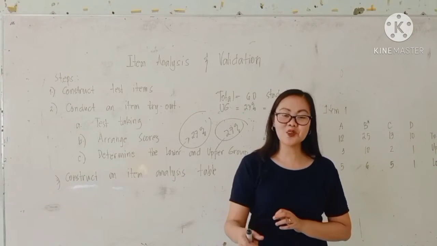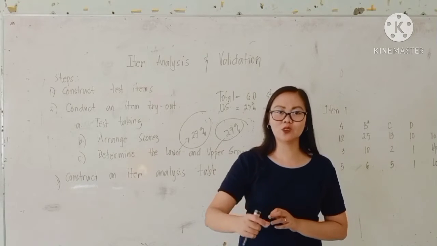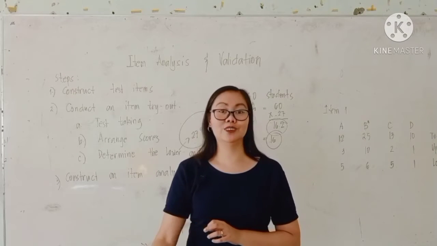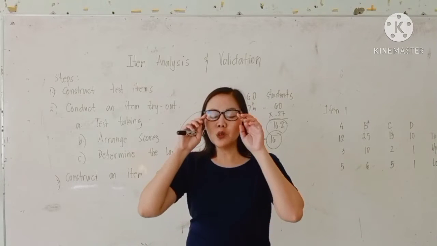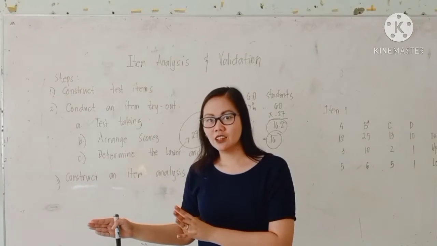Kung mag-tie-tie ulit sila, dun sa number 16, it doesn't matter again, just get one among those test papers na nag-tie. Okay lang yun. Okay? So now, separate that again, mark it as lower group.